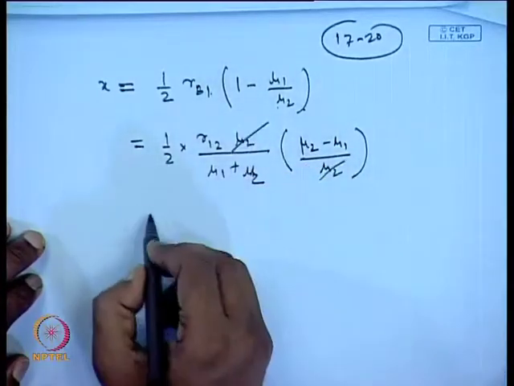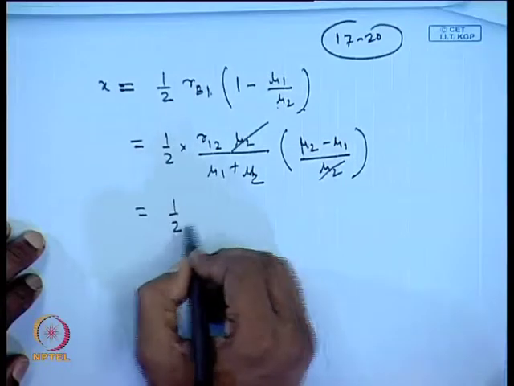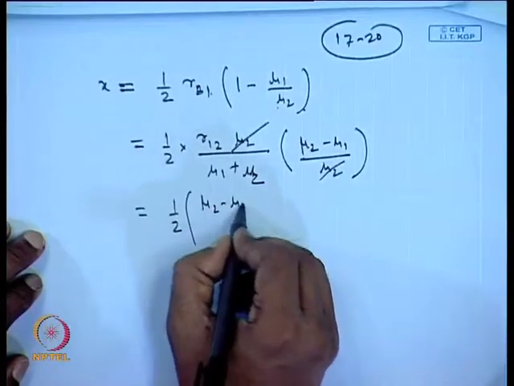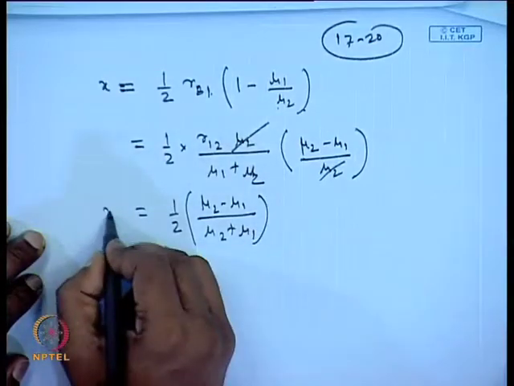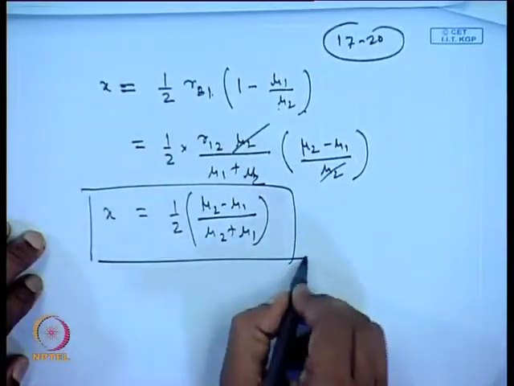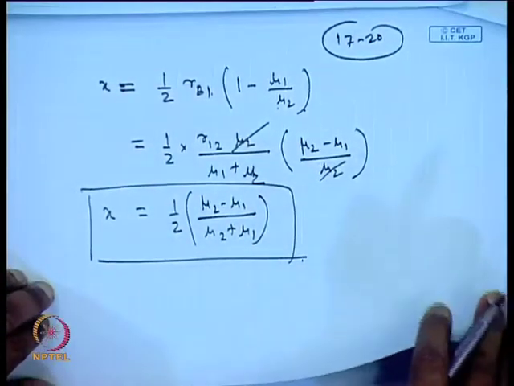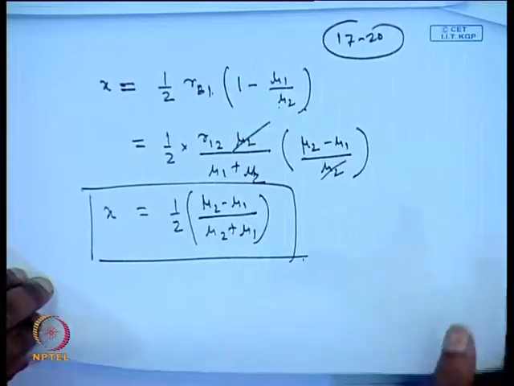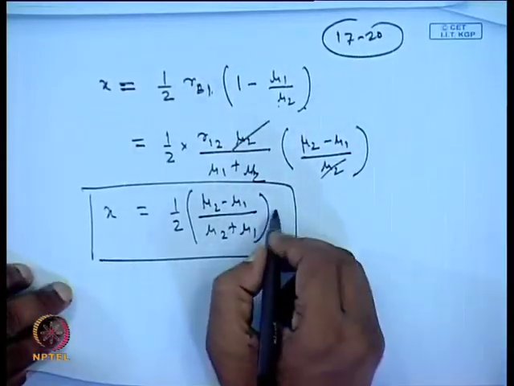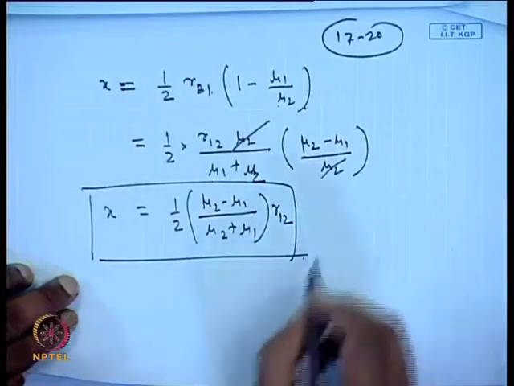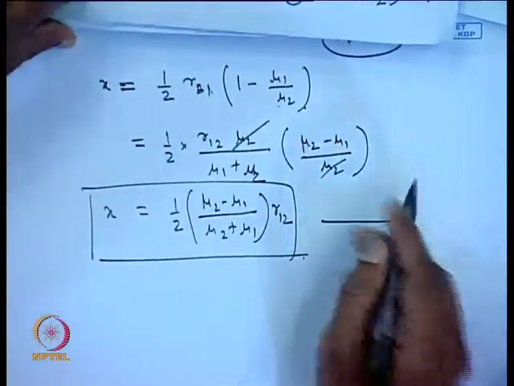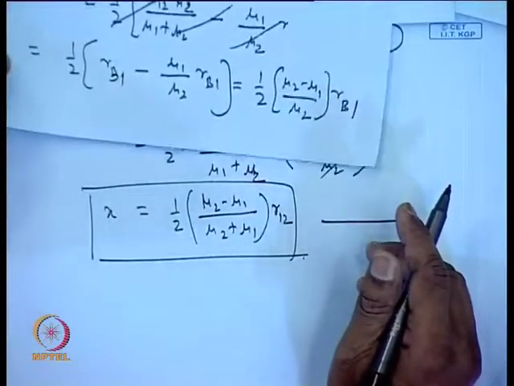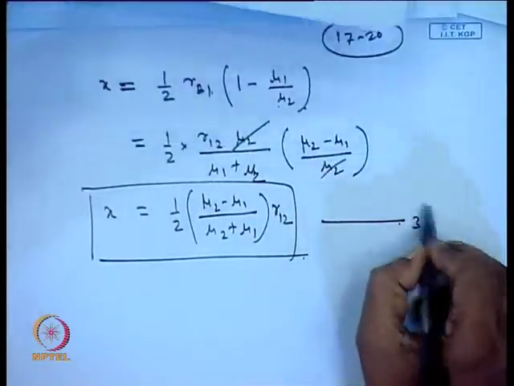So, they cancel out and ultimately we get (mu_2 minus mu_1) by (mu_2 plus mu_1), multiplied by of course R_12. So, this is the value of x that we get. This is our equation number 30.